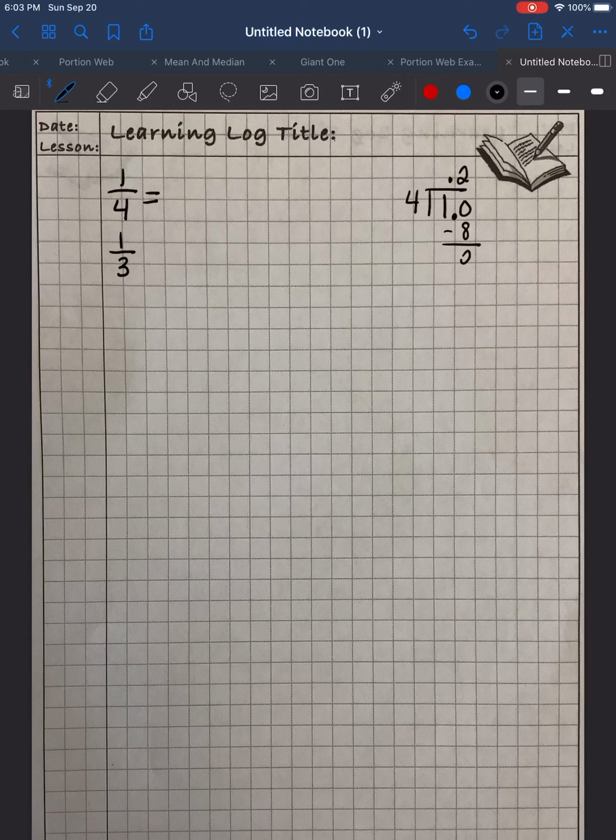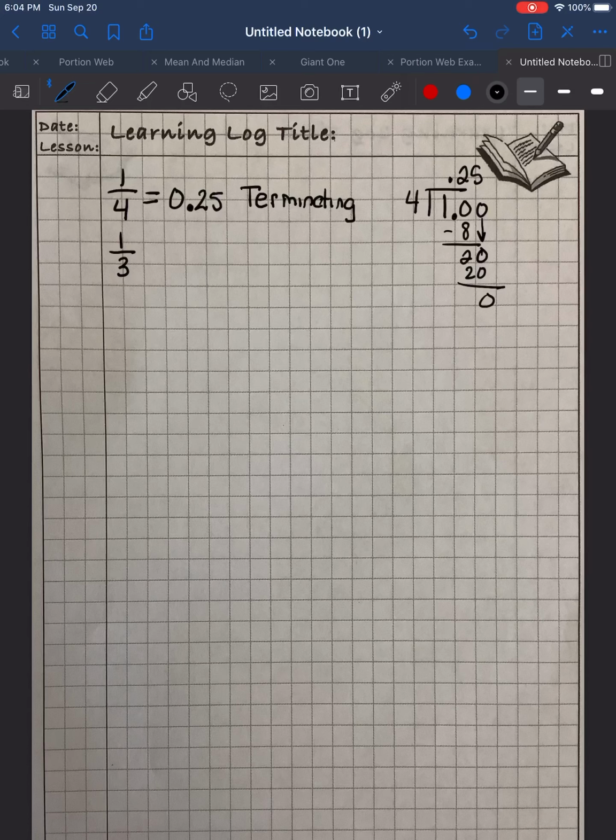I subtract. I get a 2 there. I'm going to add a 0 here that comes down. And from 20, that's 5 groups of 4. And I'm done, right? So 1/4 is 0.25 in decimal form. And that is what we call a terminating decimal because it ended. We got to 0.25 after the 5. We had no remainder, so we're finished.